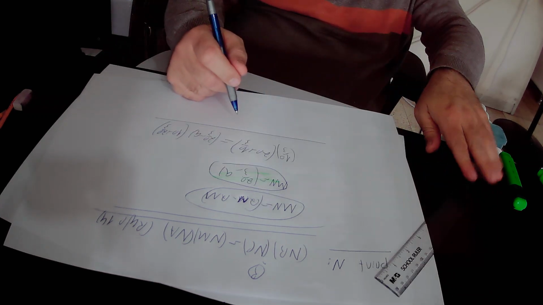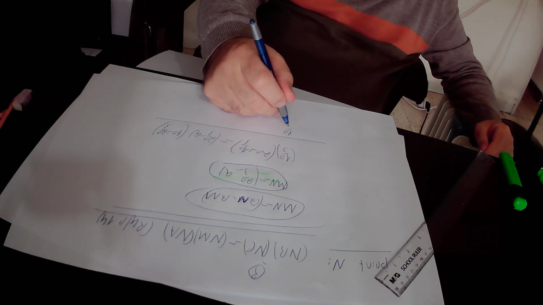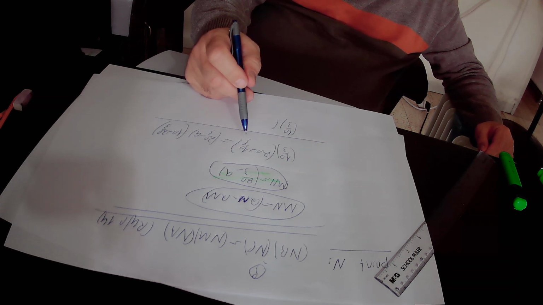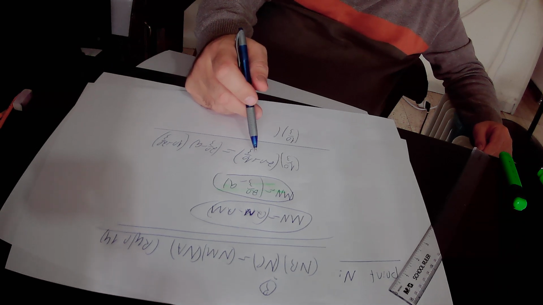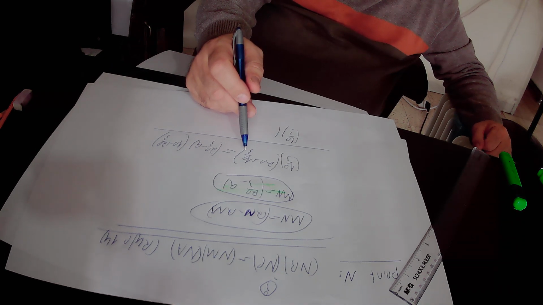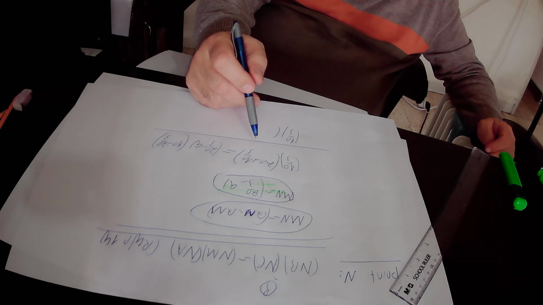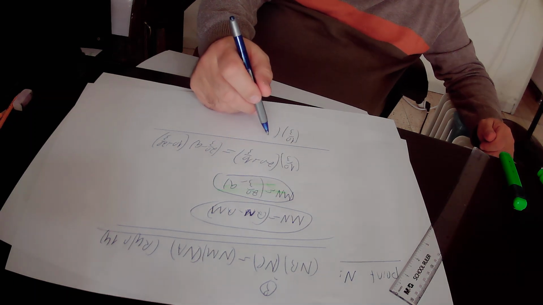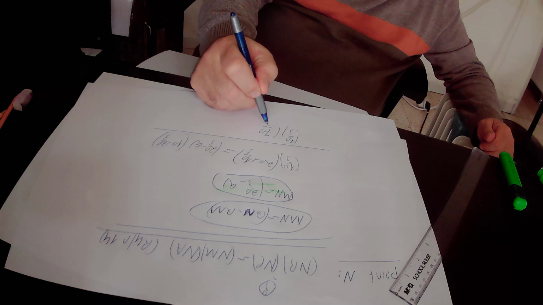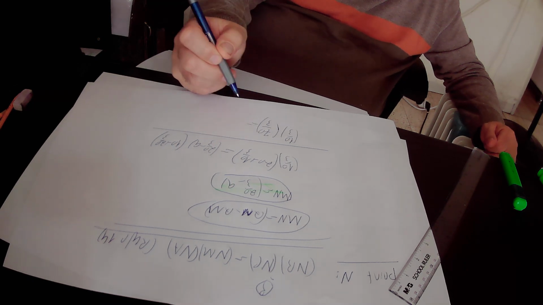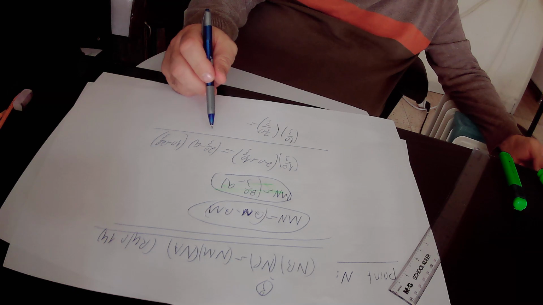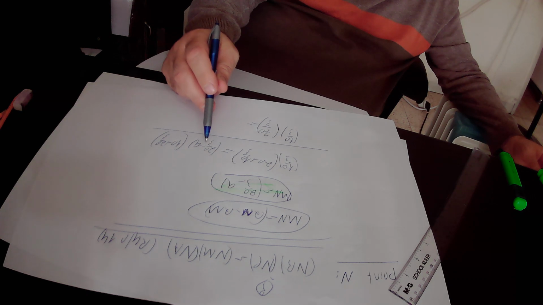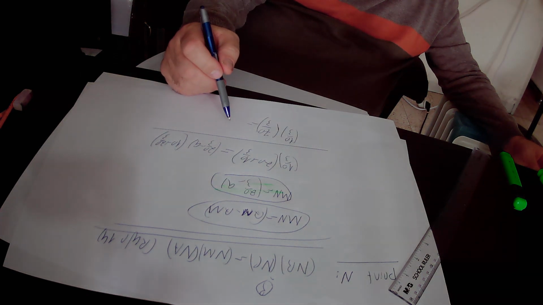So here we have 10 over 3, and here we have 20 plus 10 over 3. Here we will multiply 20 by 3 and then divide it by 3 in order to have a common factor with 10 over 3. So 20 times 3 is 60 and 60 plus 10 is 70. So in total in the numerator we have 70 over 3. And it equals 20 over 3 minus A. Here we multiply minus A by 3, then divide by 3 in order to have a common factor with 20 over 3.